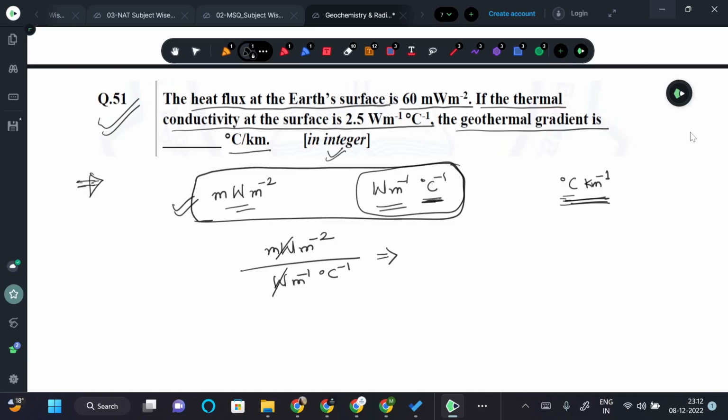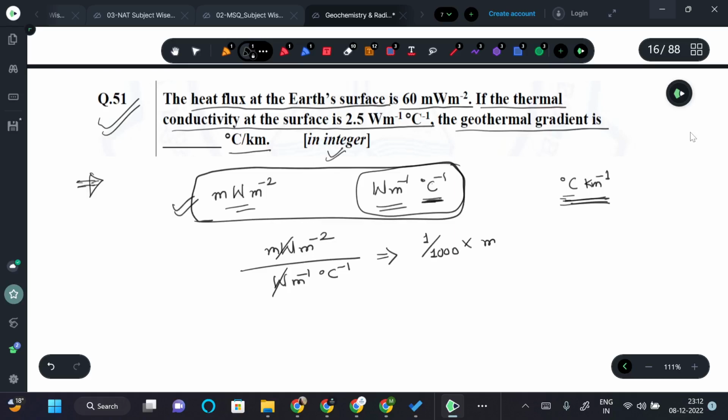So remember that milli part is basically 1,000th part. I'm just doing the reciprocal of each ratio. Here m minus 2 will become m square in the denominator and this will come above degree centigrade.